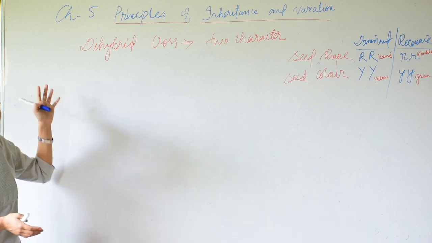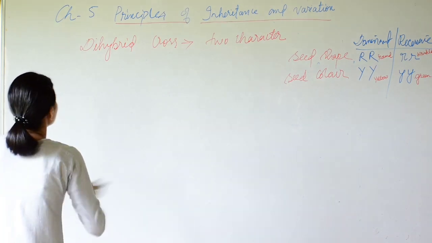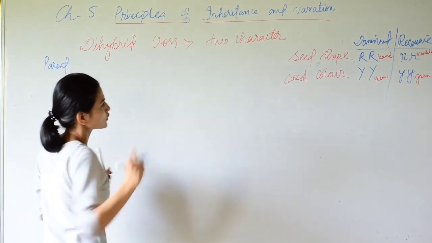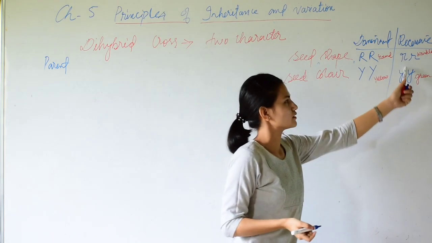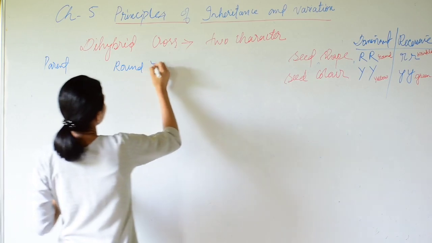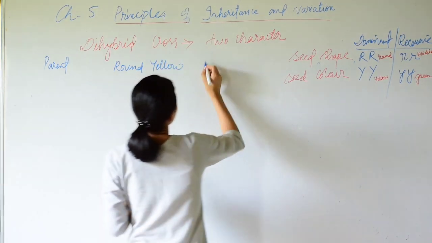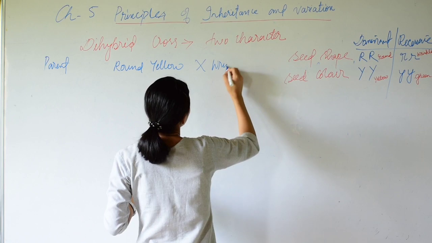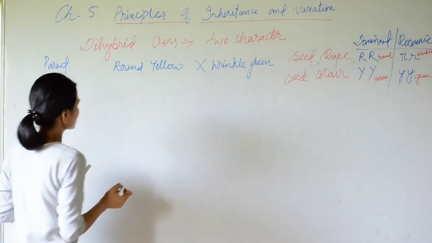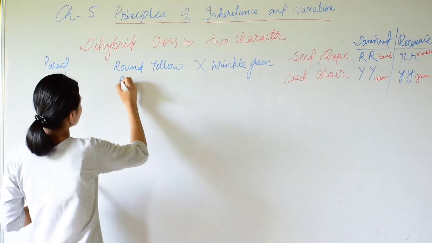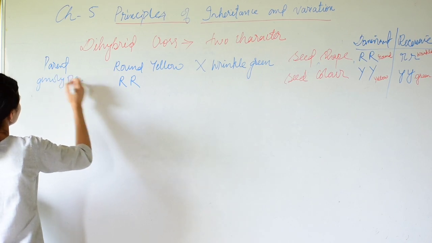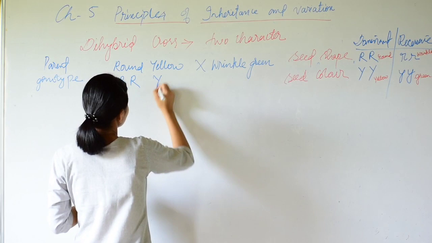That is, we will find out the parent. We will make a cross between round yellow and wrinkle green. These are the parents. So for round yellow, capital R and capital Y will be the genotype.